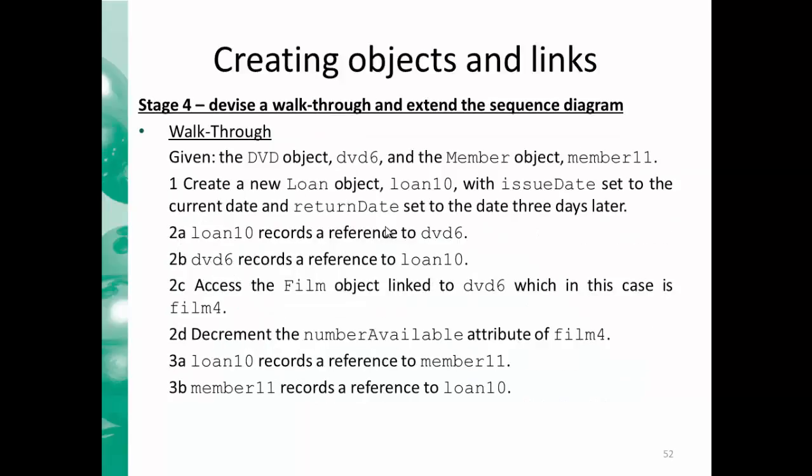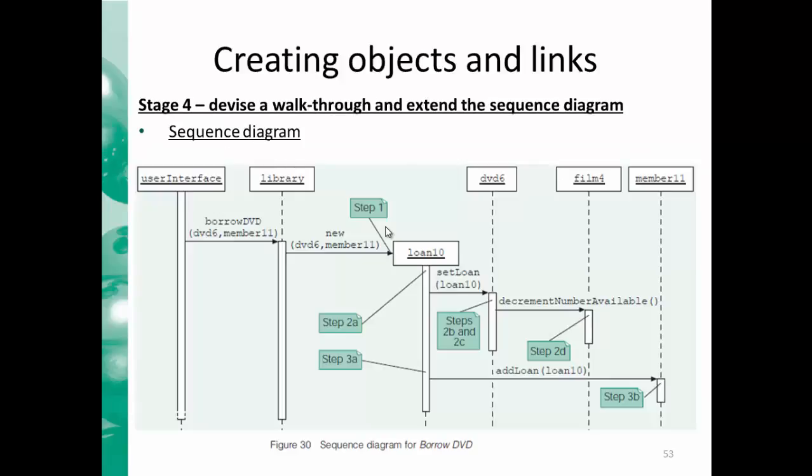Now the full sequence diagram will be built, and as you can see, the user interface sends the coordinating message to the library coordinating object, which is library in this case, with the DVD6 and member 11 as parameters. Now a new loan will be created using these parameters. DVD6 is set on loan, so nobody can borrow DVD6 anymore because it's already borrowed by member 11.